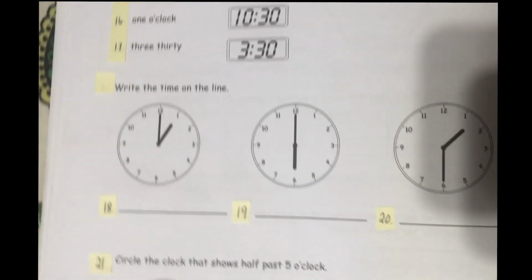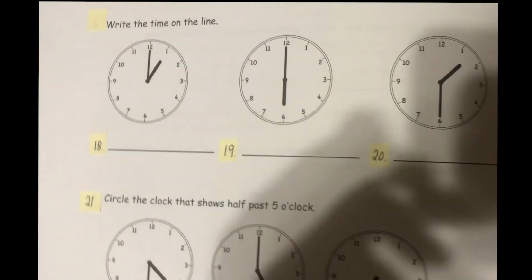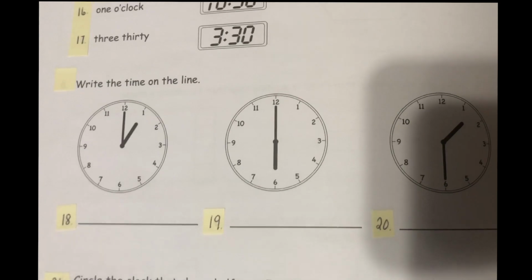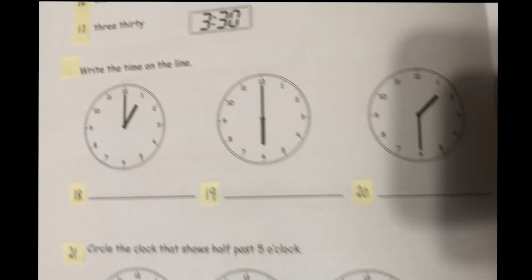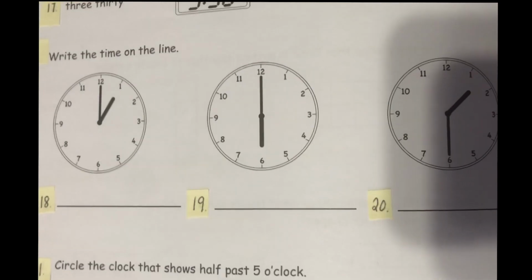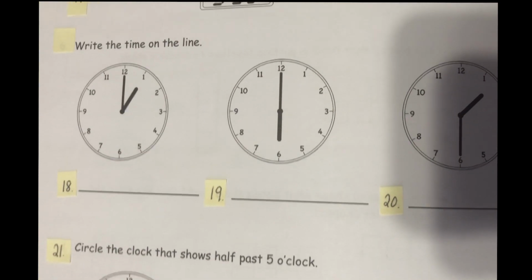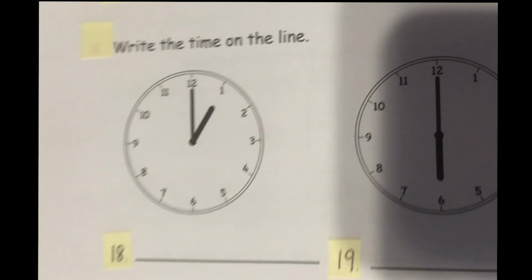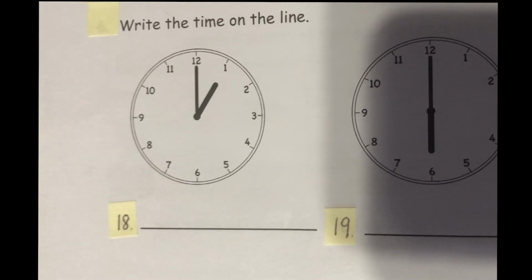Let's move on to number 18, 19, and 20. For 18, 19, and 20, you are going to write the time on each analog clock next to its number. Okay, so for number 18, write the time on this analog clock.